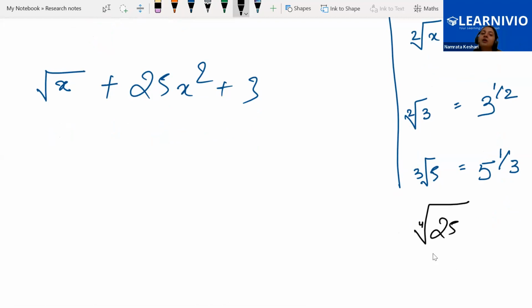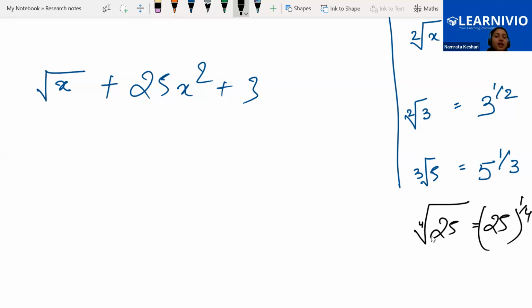If the square root is there, in the power form it will become 1 by 2. If cube root is there, in the exponent form it will become 1 by 3. If fourth root is there, in the power form it will become 1 by 4.